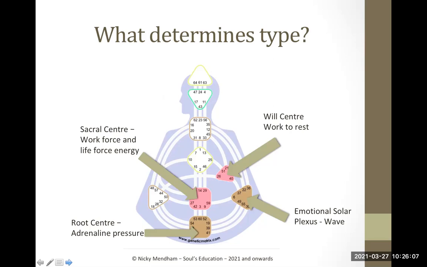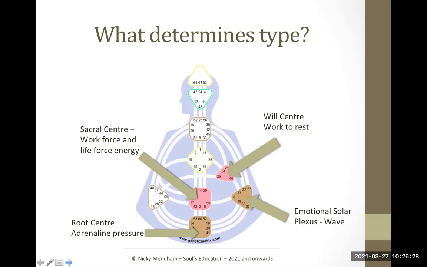We've also got the root center, which is an adrenaline pressure. So this pressure is on, but then it's off, off, off, off, and then it will come back on again. It has its own pulse, and it's very much based in divine timing. This is adrenaline, so you don't need adrenaline all the time.